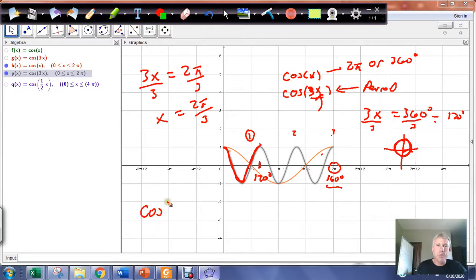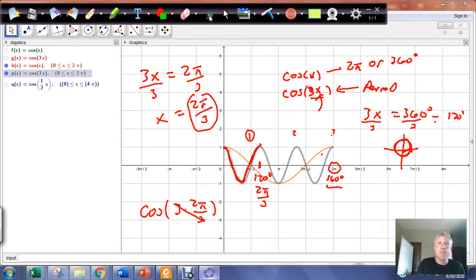When we plug 2 pi over 3 into 3x, we get 2 pi, or once around the unit circle. So this tick mark would also correspond to 2 pi over 3 radians. We would say that's the period of the function cosine of 3x.